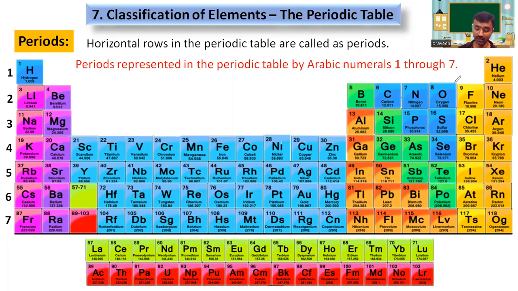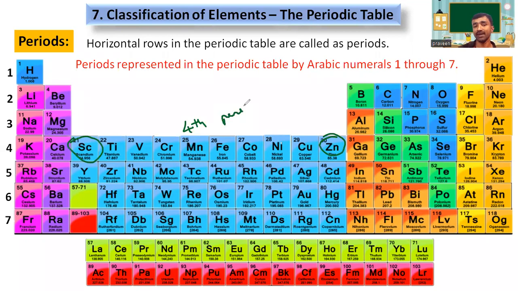So you are able to find out the number of electrons or the number of elements belonging to a particular shell. For example, the 21st element to the 30th element, zinc. Which period do they belong to? Fourth period.